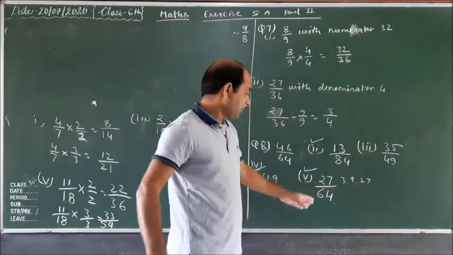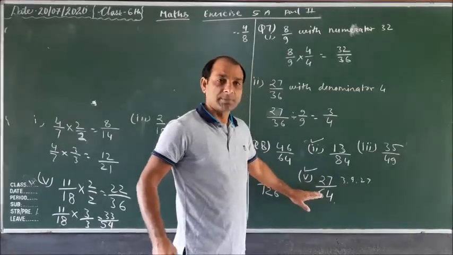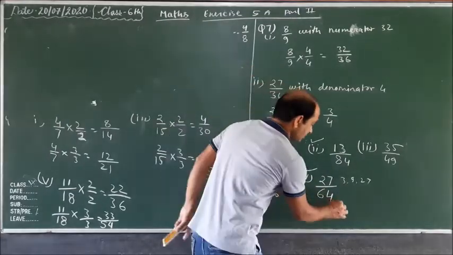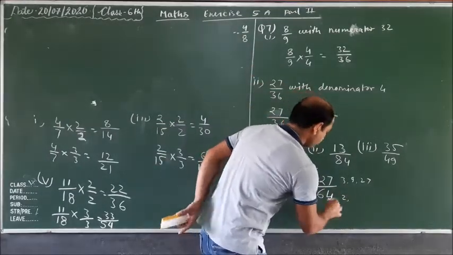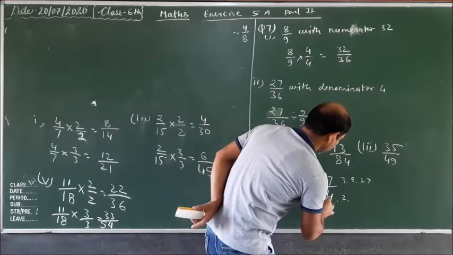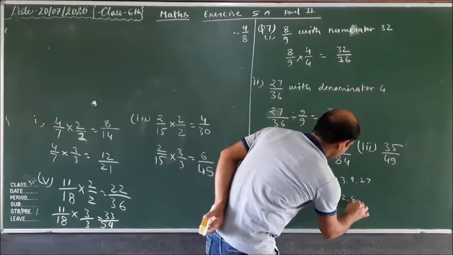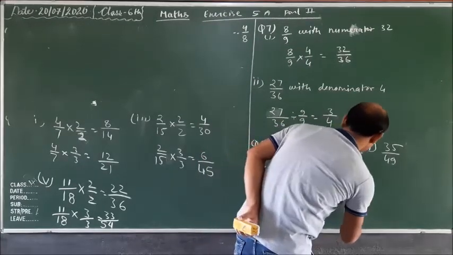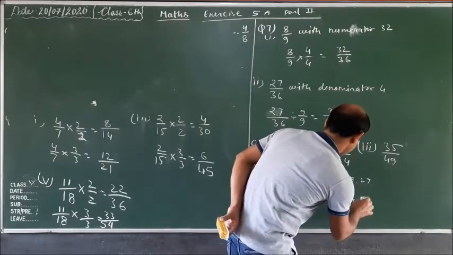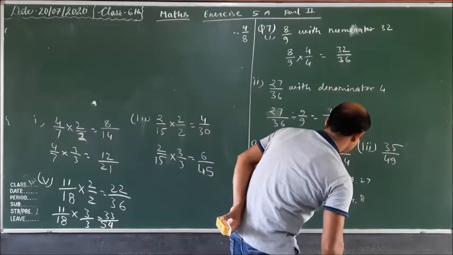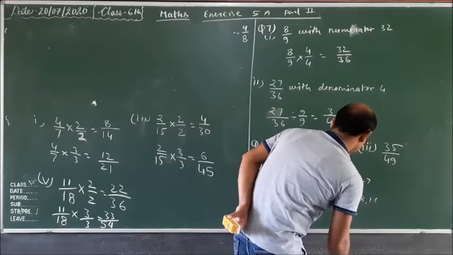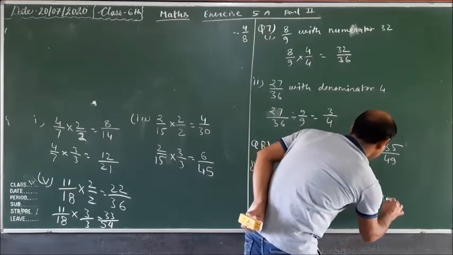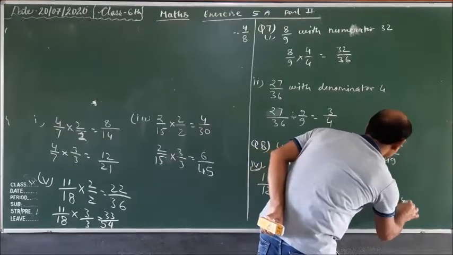So, dear children, this is in the simplest form. Why? Because 64 is divisible by 2, 4, 8, 16, 32 and 64.